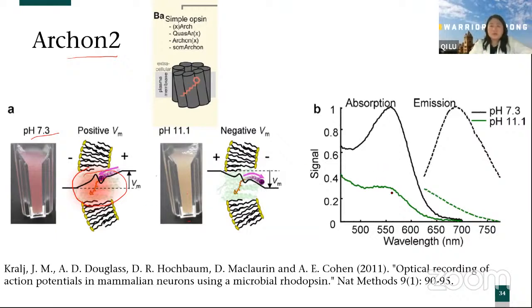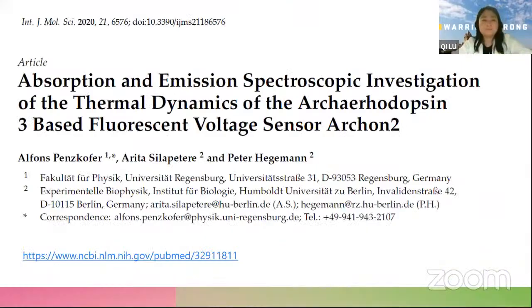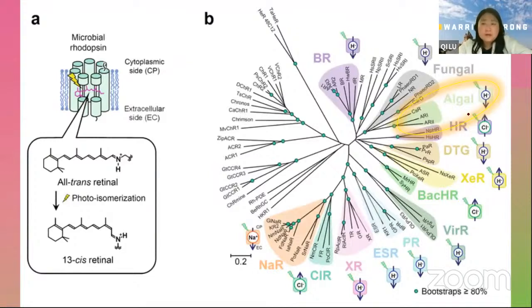It shows here that the signals were quite different between different pH. So this is from the proton pump. This AR actually is AR3.